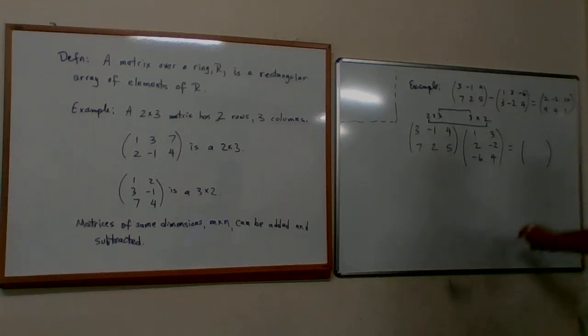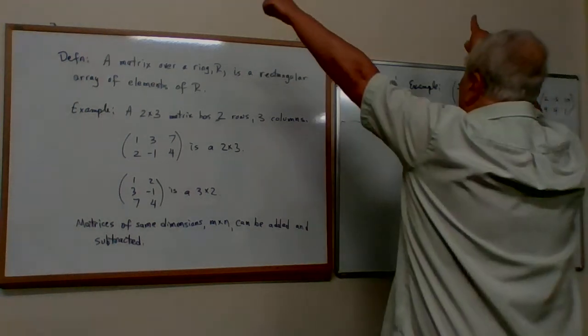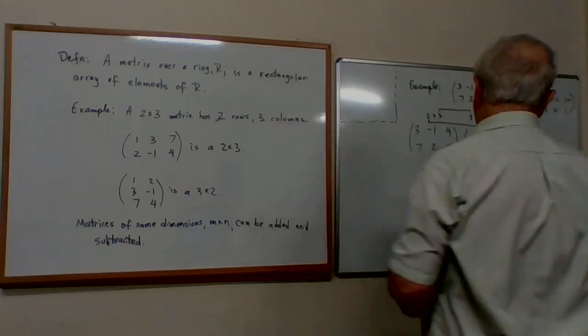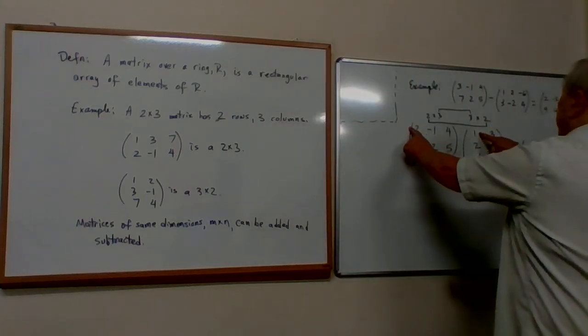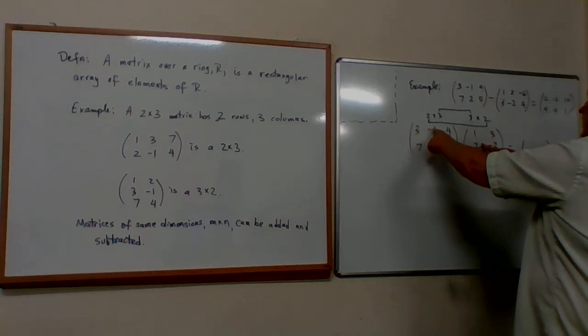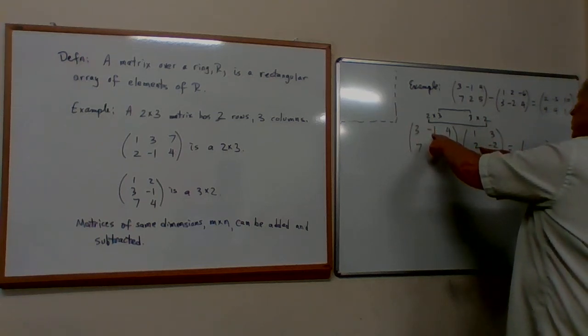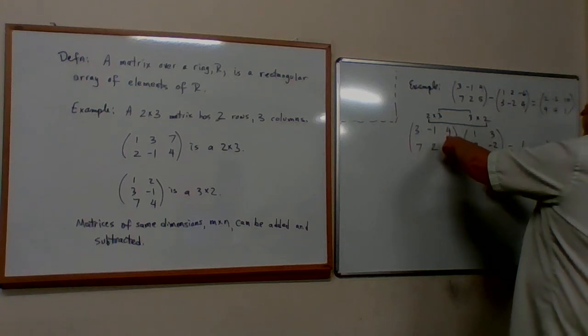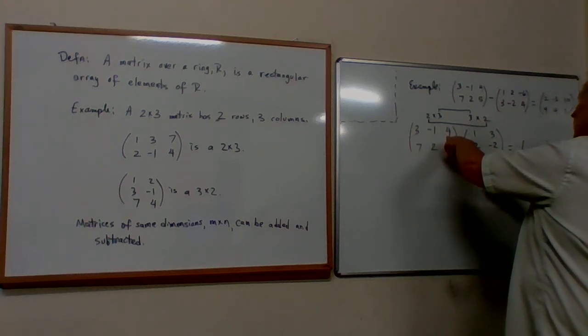So I can actually draw the parentheses in advance. And how do I do this? Well, you already know. I go like this. Now watch. 3 times 1 minus 1 times 2 minus 4 times 6.